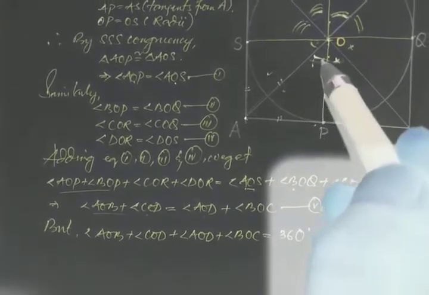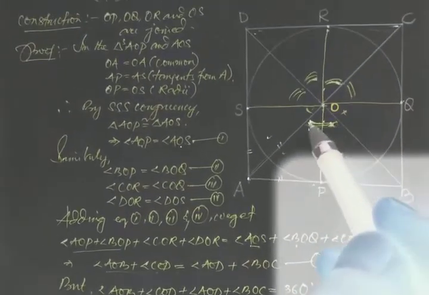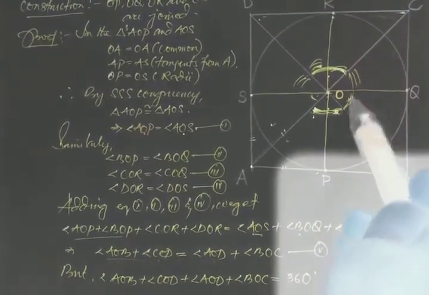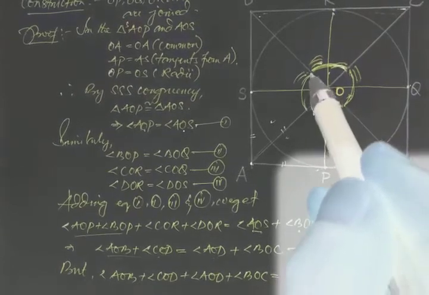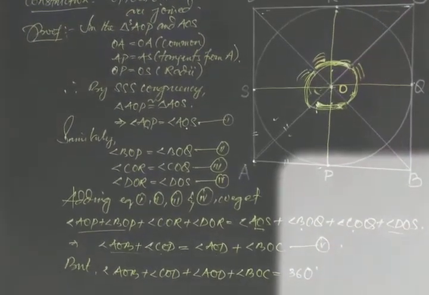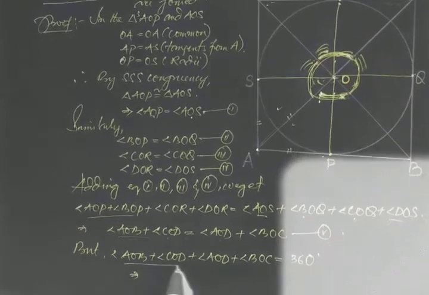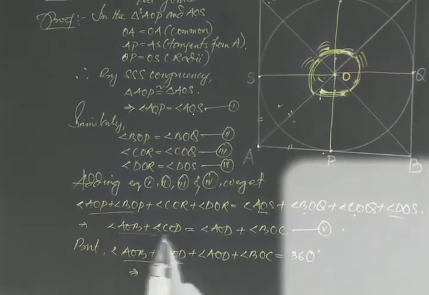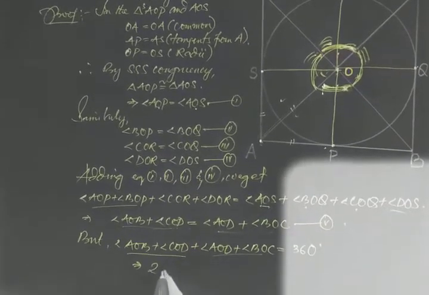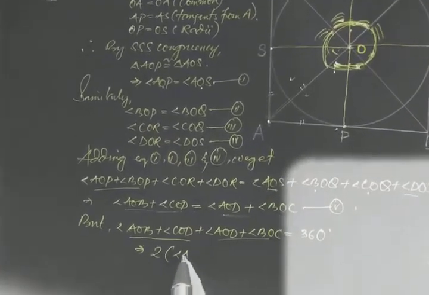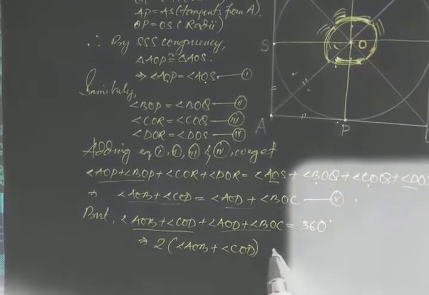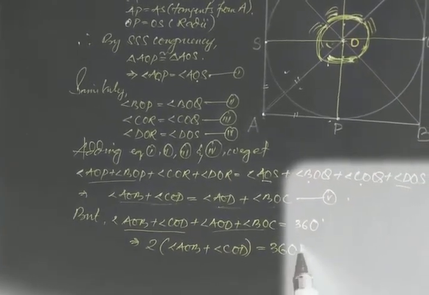The reason is they all together make a complete angle, that makes 360 degrees. But AOB plus COD is equal to AOD plus BOC, so we can write twice of angle AOB plus angle COD is 360 degrees.